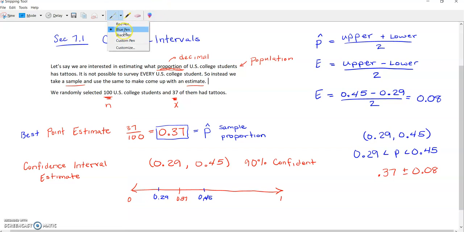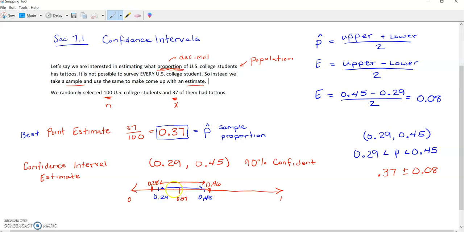So our interval goes now from, let me switch colors, 0.28 to 0.46. So notice it got wider, right? This interval is wider than my original interval because I increased the confidence level.